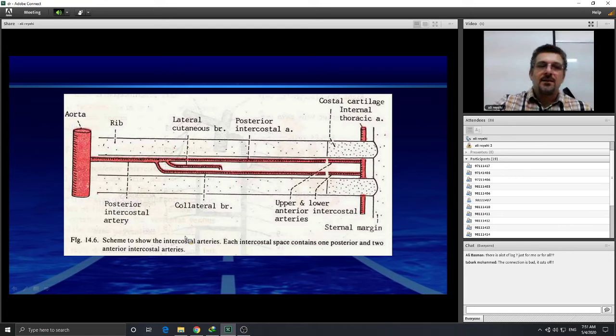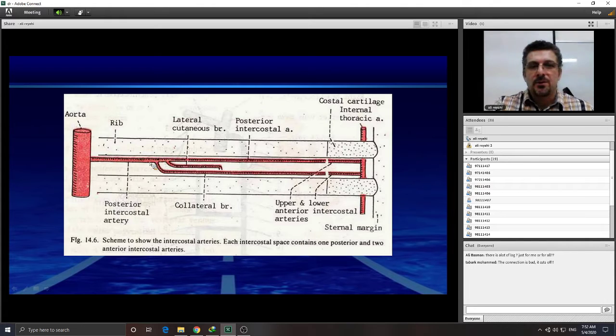All right, this is a typical intercostal artery. We've got one posterior intercostal artery, as you see in this picture.